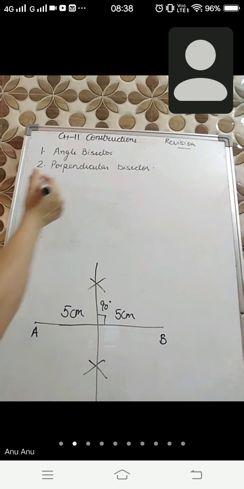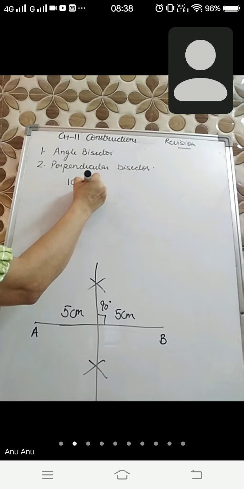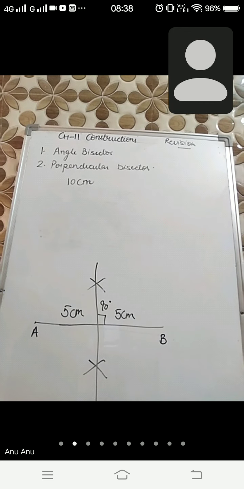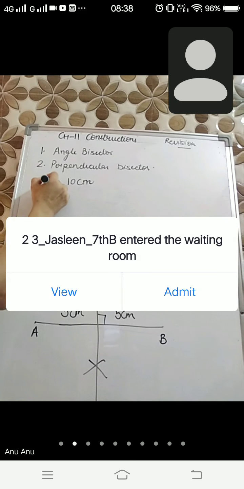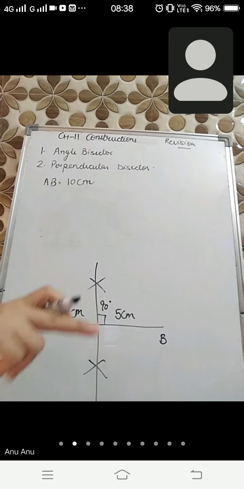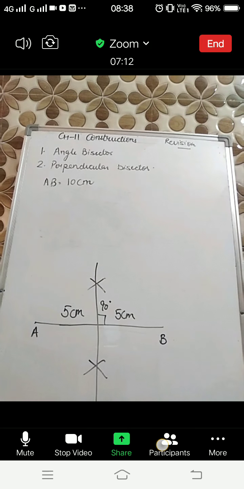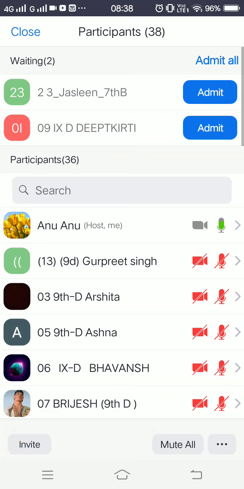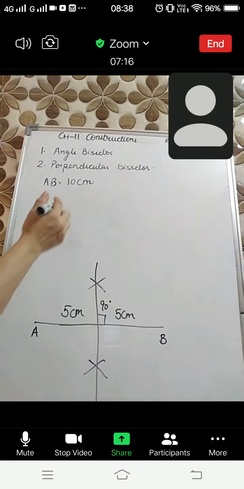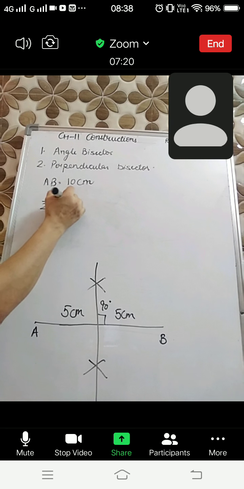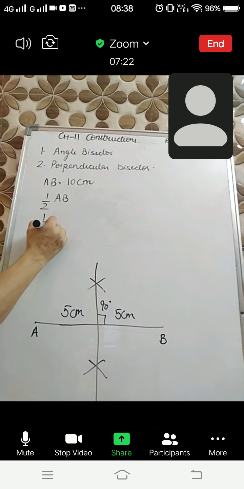I think two or three years back, one question was there in the exam from this concept: a line of 10 centimeter is given, and the name of this line segment is AB. Now the question is to make half of this line, and that is known as half of AB. And further, you have to draw 1/4 of AB. What does it mean?